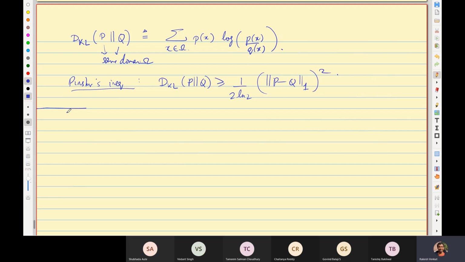A measure of what is the common information between two variables is the mutual information. So this is the common information that is contained between X and Y.